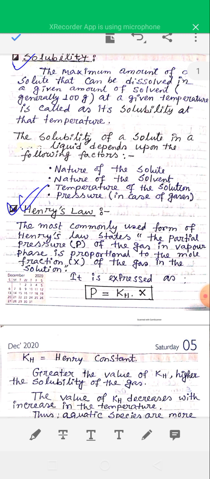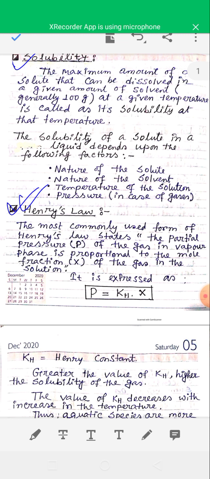Okay, now see the factors on which the solubility of a solute depends. The factors are nature of solute, nature of solvent, temperature of the solution, and pressure. In case of gases, the factor pressure is applicable mainly in case of solution of gas in liquid.